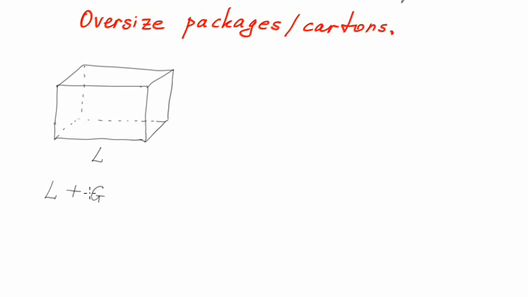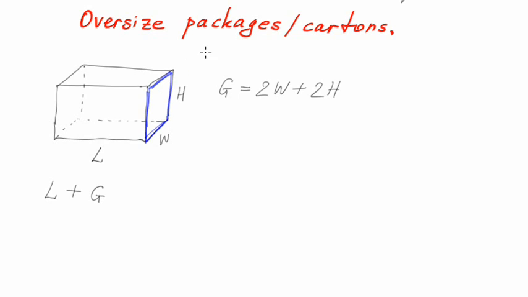What is girth? If I put width here and height, girth is double width plus double height. In other words, it's just this perimeter.